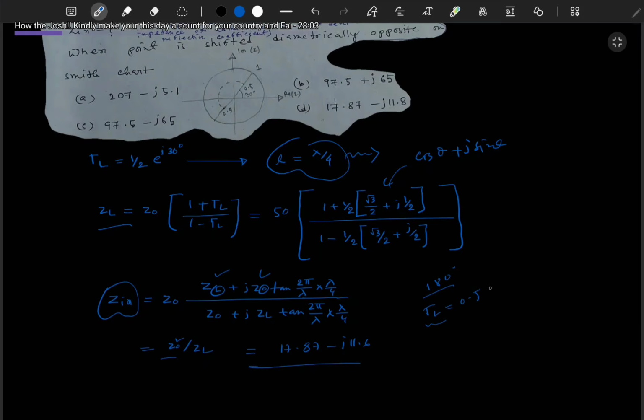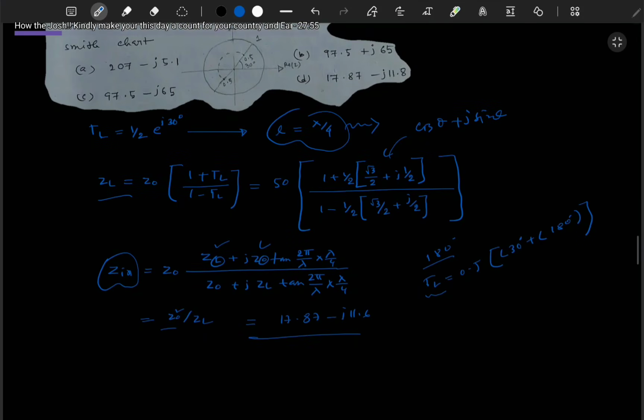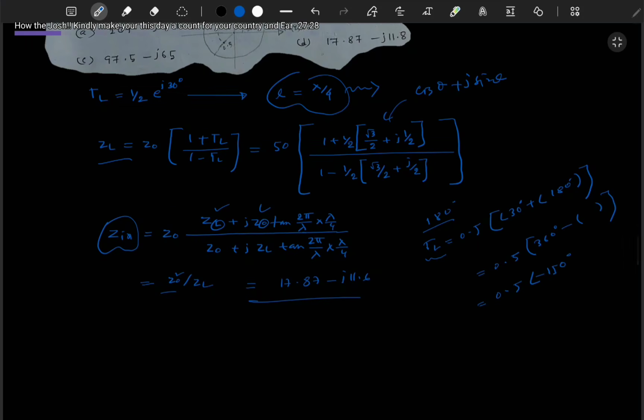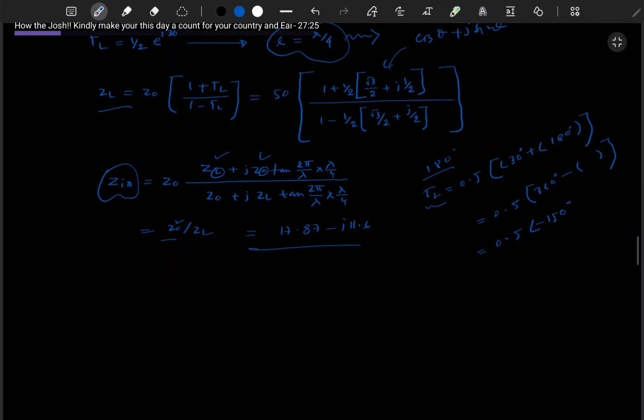Then it will be 0.5, angle will be 30 degree plus 180 degree, which is the same as 0.5 angle minus 150 degree.